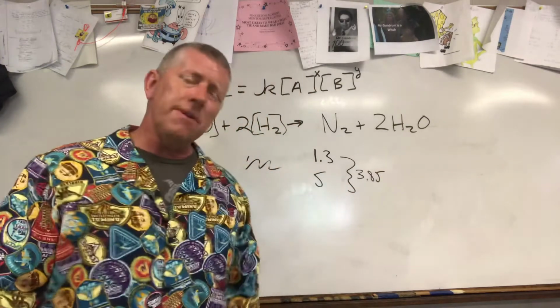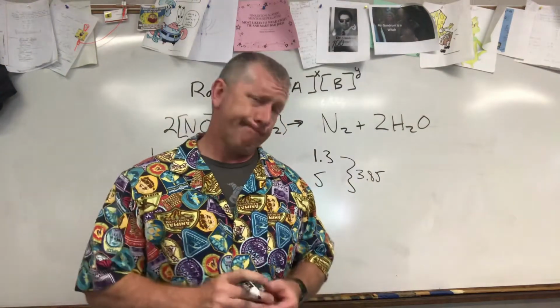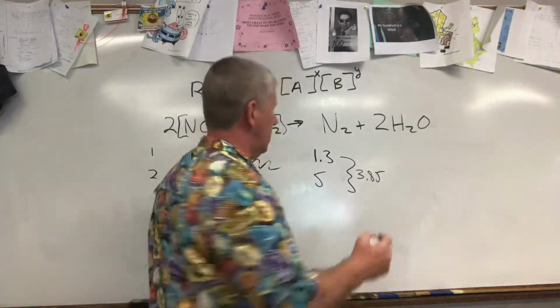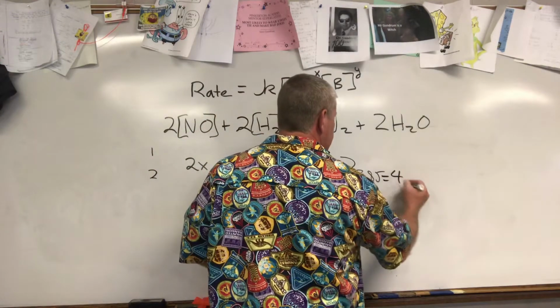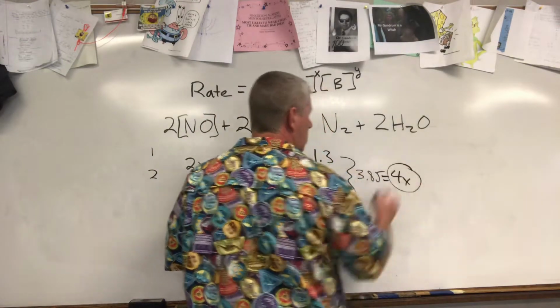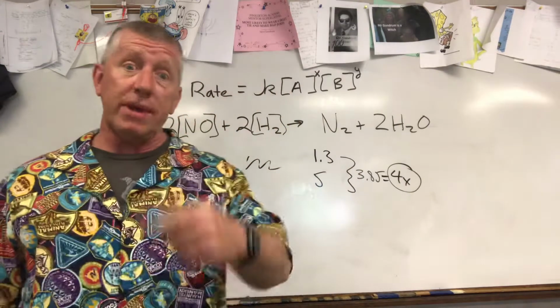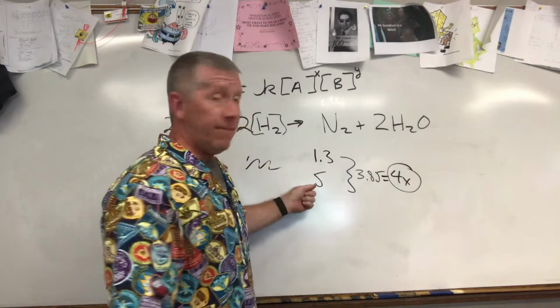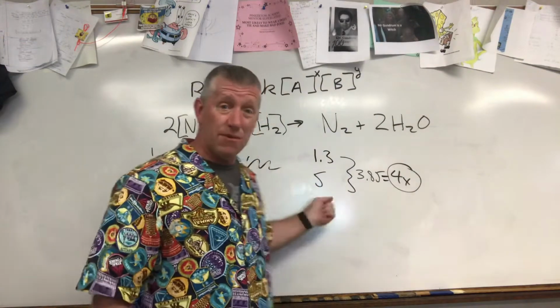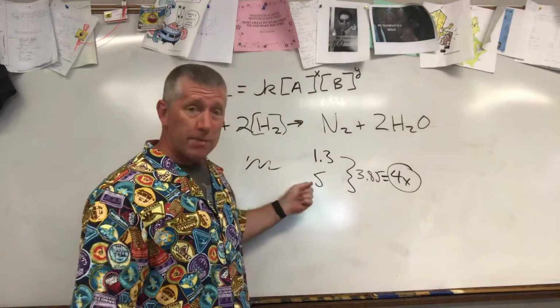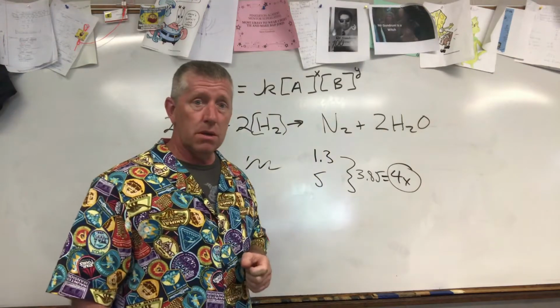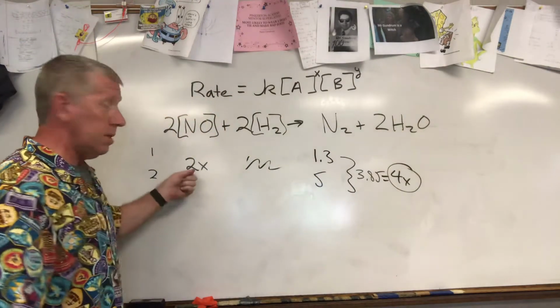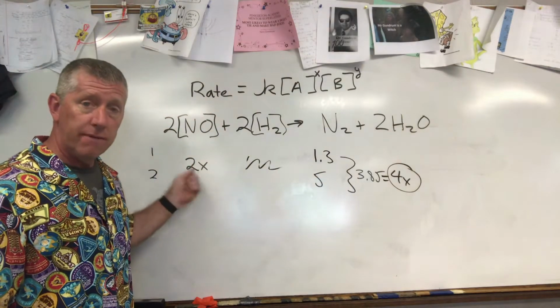What whole number do you think that should be? 4. So this is a 4-fold increase. We went from 1.3 to 5. That is 3.85, but about 4 times as fast as that when we doubled the concentration of nitrogen monoxide.